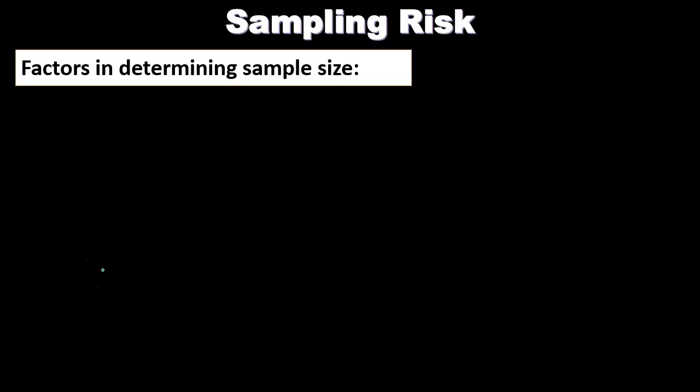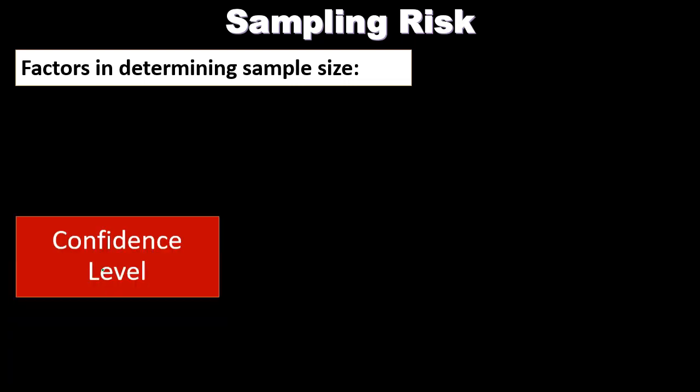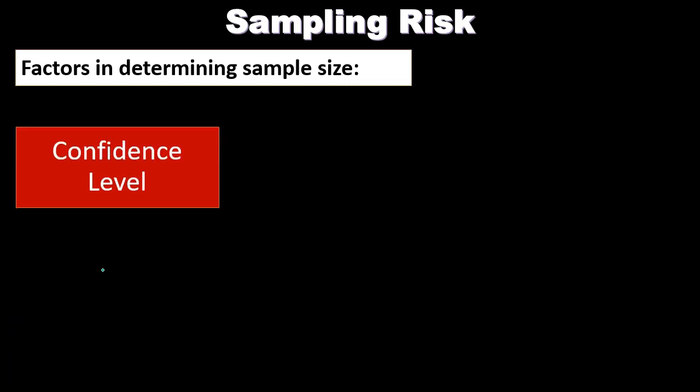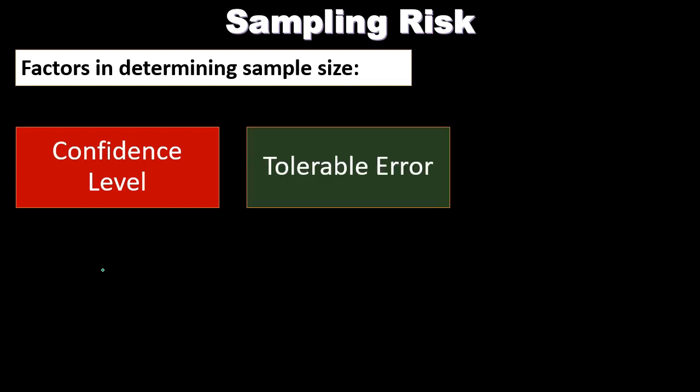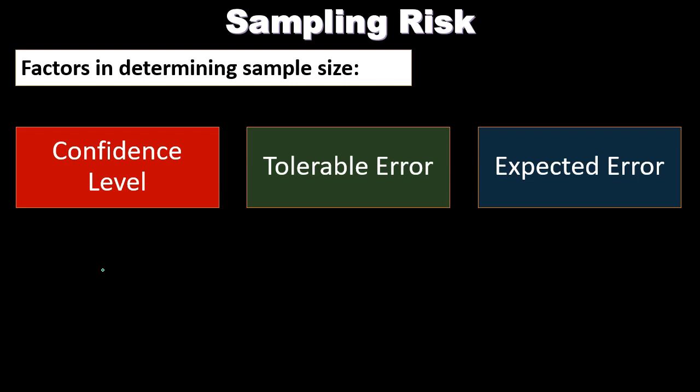Sampling risk: factors in determining the sample size. If we're thinking about picking some size that's going to be smaller than the population so that we can test it, the question is, how big of a sample size do we need in order to be representative of the entire population? We have some components of that, including confidence level, tolerable error, and expected error.